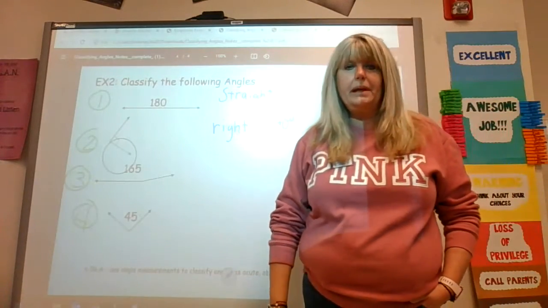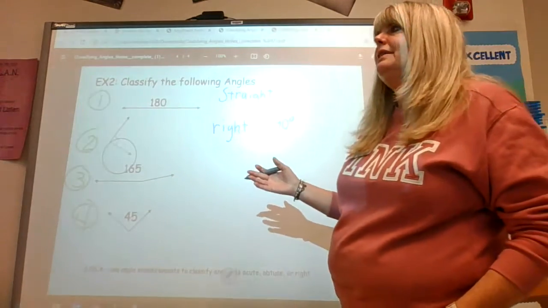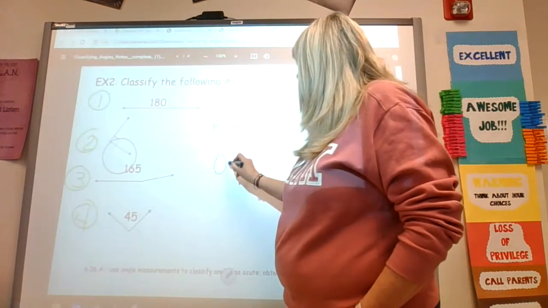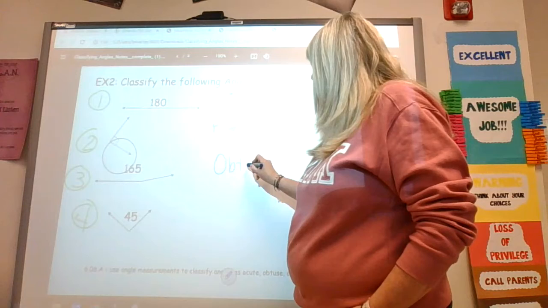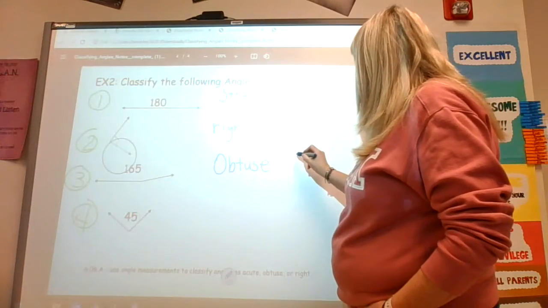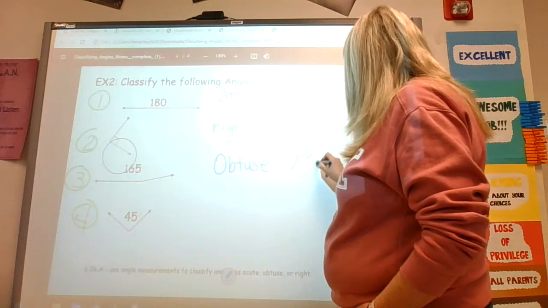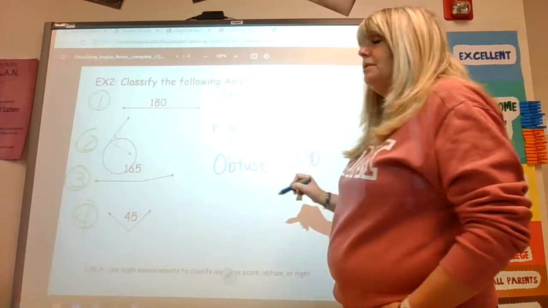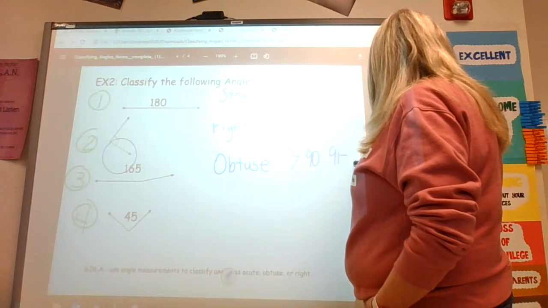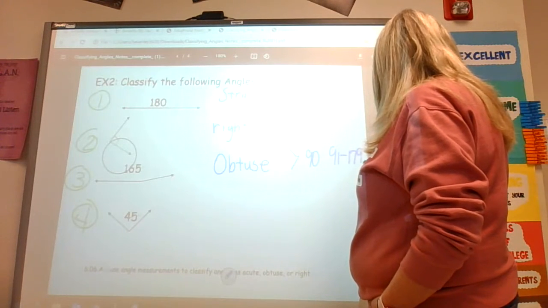Let's look at this one. That's a big opening. When I think of a big opening, I think of ah. So if you wrote obtuse, you are correct because an obtuse is greater than 90 degrees. Really, it's between 91 and 179.